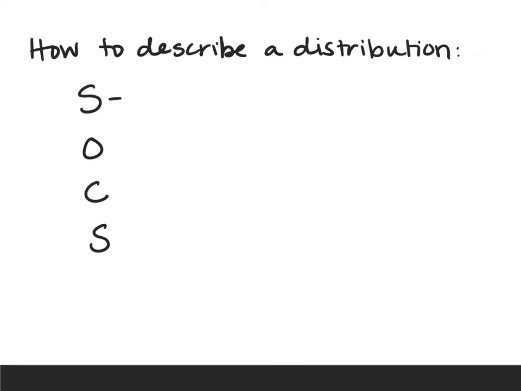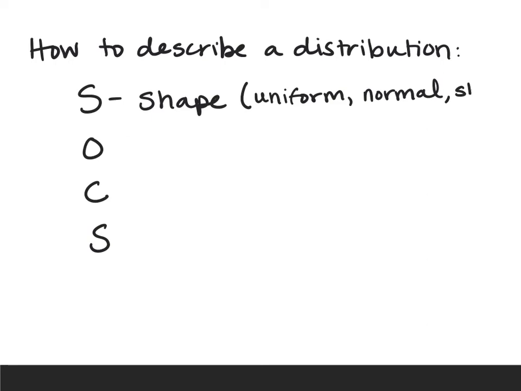The first S is for shape. And remember we talked about several different shapes. We talked about a uniform distribution, we talked about a normal distribution, and we talked about skewed distributions.